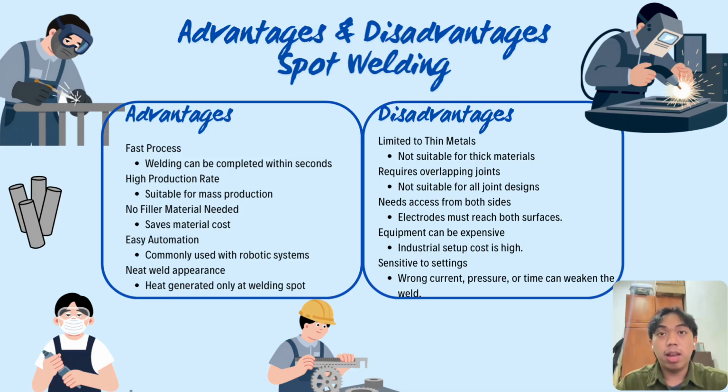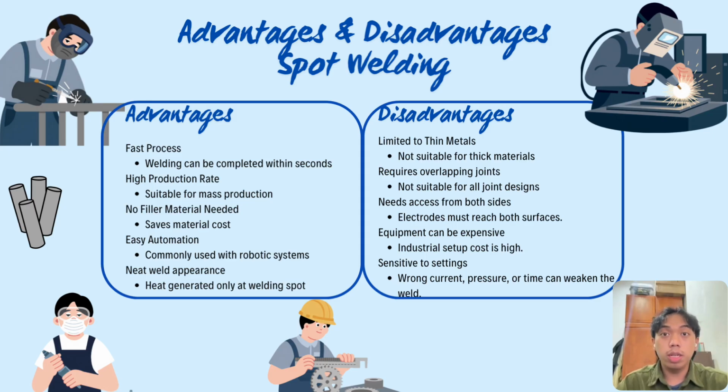And the equipment can also be expensive, especially in industries, machines or robotic systems. Because of this, it may be more suitable for factories rather than small workshops. And lastly, weak welds can happen if the machine settings are wrong. For example, if the current or pressure or time is not suitable, the weld spots may not be strong enough.